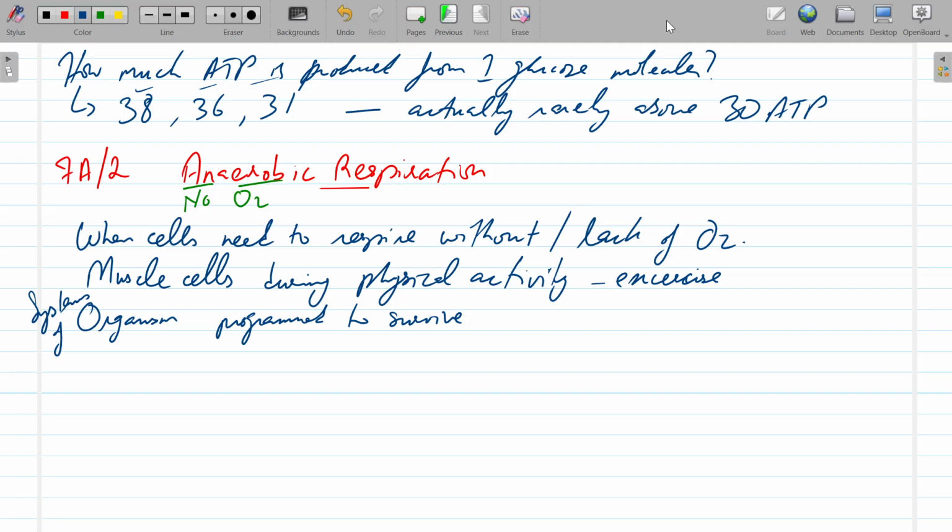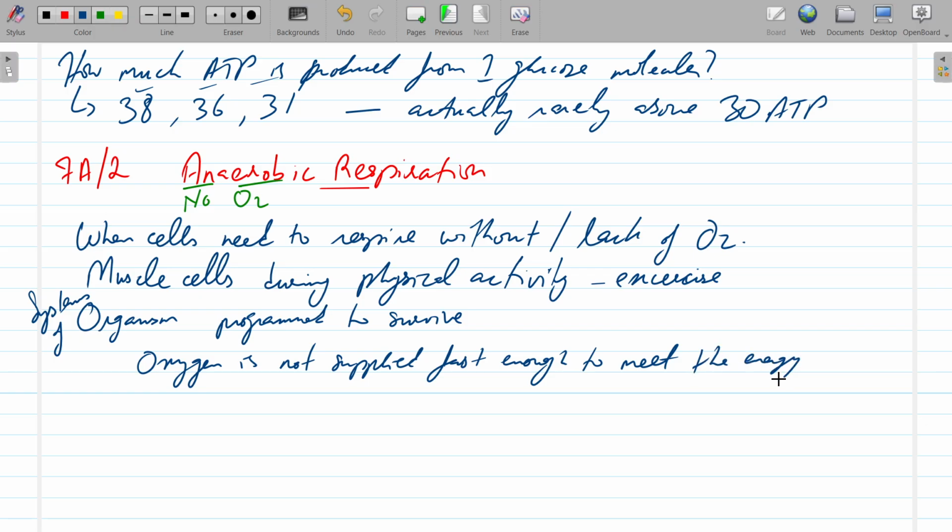So, as mentioned in the case of exercise, oxygen is not supplied fast enough to meet the energy requirement of the muscles.